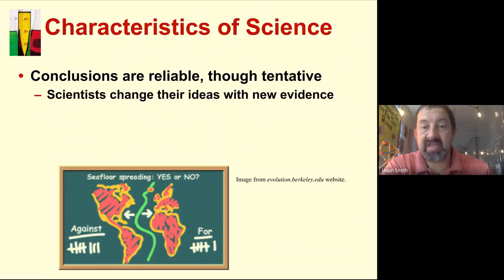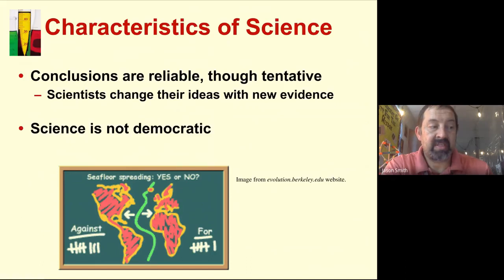We change our ideas with new evidence that we obtain. Science is not democratic. It doesn't matter what side we're on. It's what the truth tells us and what the experiment tells us. And we've looked at that many, many times throughout the course of the year. What does the data tell us? It doesn't matter what we think should have happened or could have happened. What does the data tell us about this experiment?